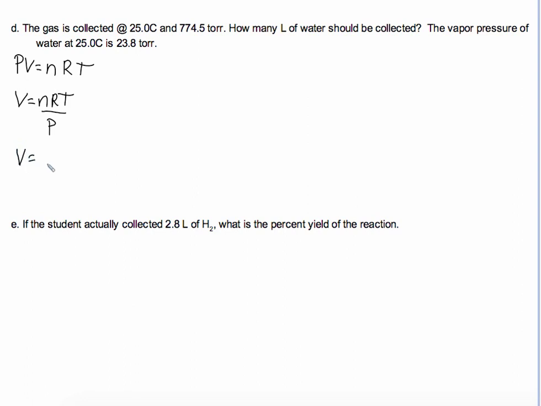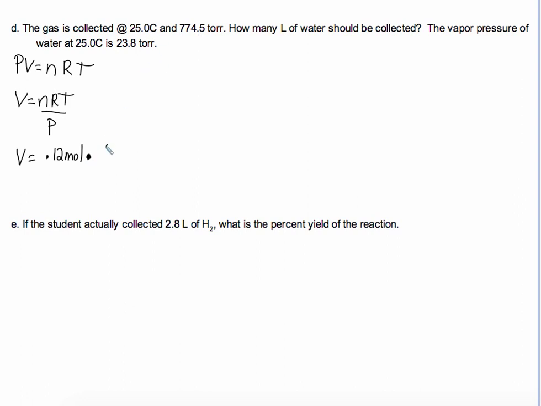Okay, so anyway, we'll just start plugging in. So V is going to equal the number of moles. Well, we calculated that we should get 0.12 moles times R, which can be found on your AP chemistry formula sheet, but make sure you use the right one.